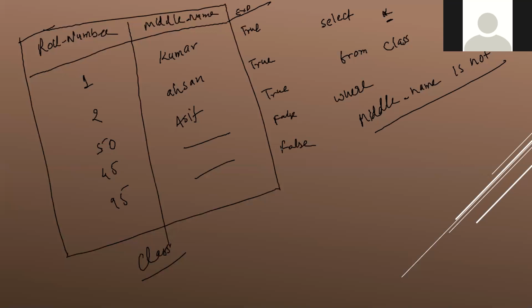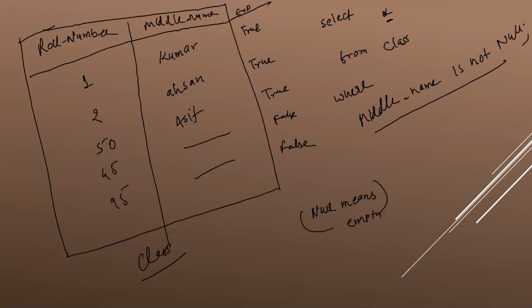Null means empty. Not null means not empty. So we can see that these three values are not empty, right? Yeah, got it.